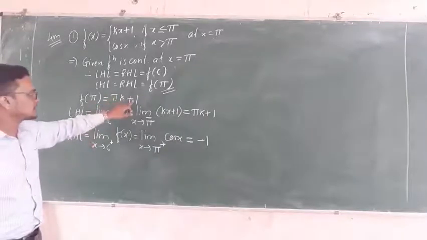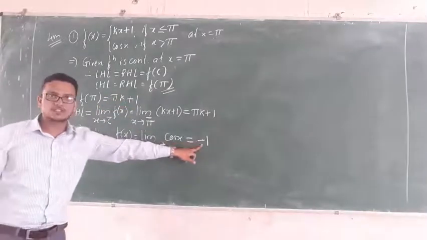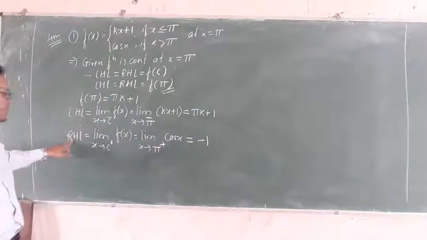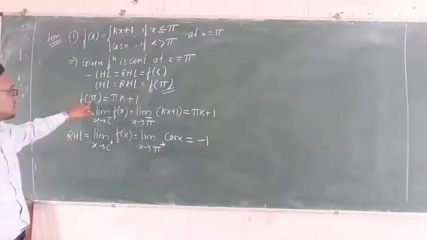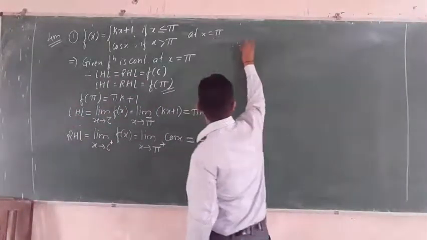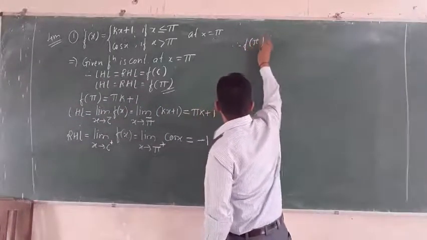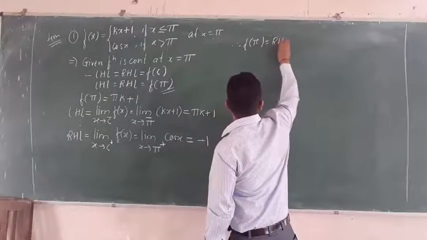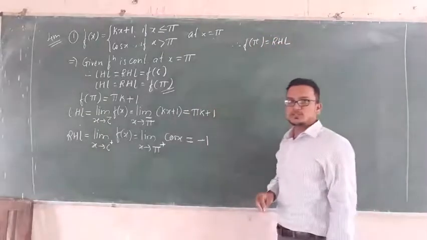So this is pi k plus 1. Its different value is what? Minus 1. Okay. There minus 1 is for RHL. Therefore this f of pi value will be equated with RHL.